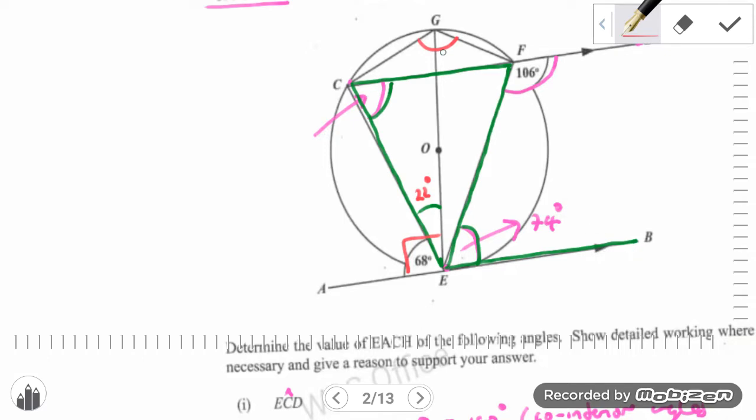But notice that the diameter GE also meets the other half of the tangent EB also at 90. And out of that 90, we also have 74. So we could find this little piece in here. And when I find that angle, I'll tell you the reason why we found that.